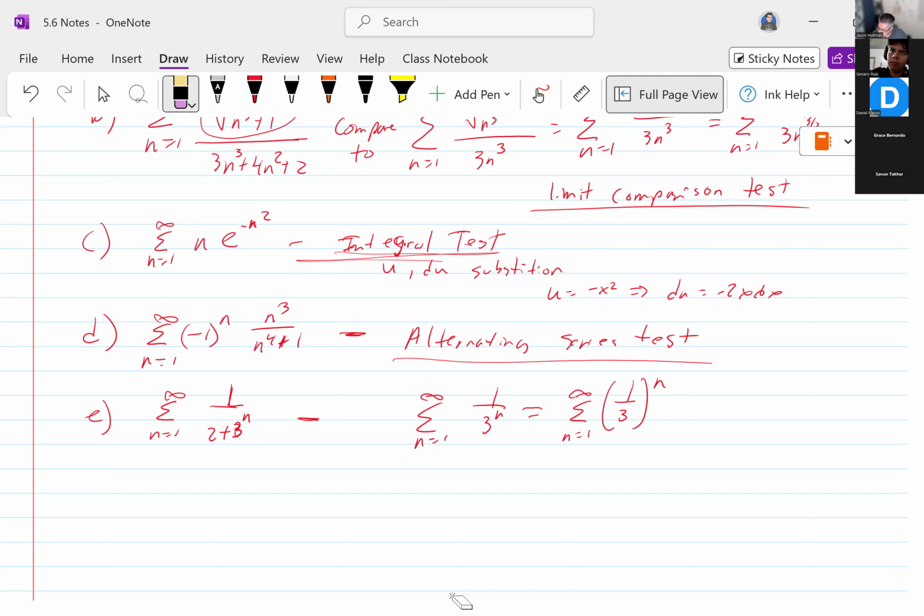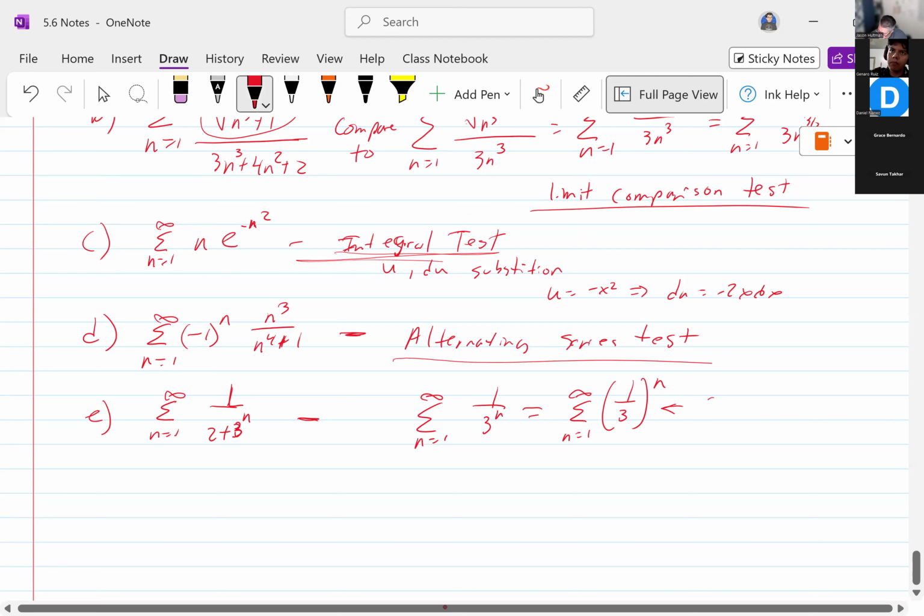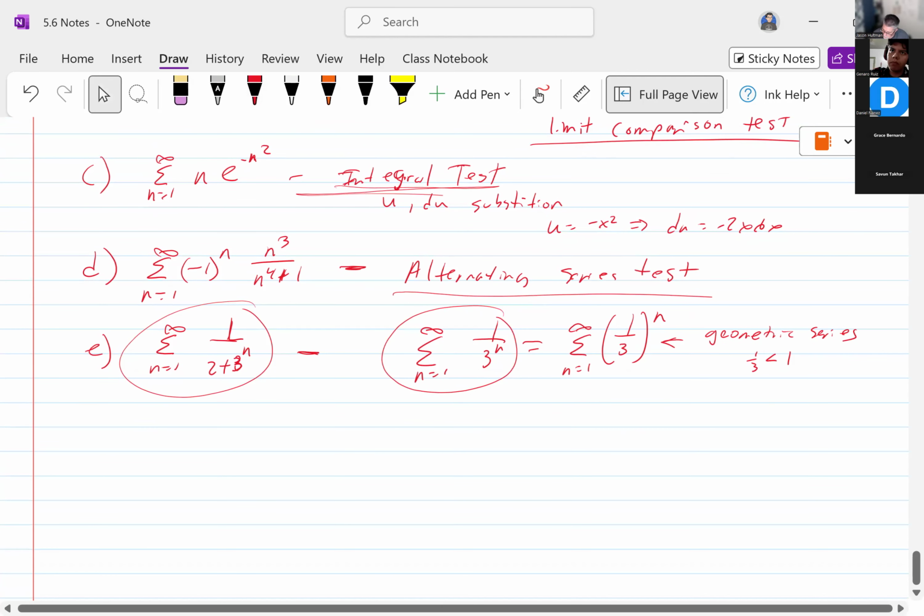Okay, or I could see that this thing is a geometric series with absolute value of r less than 1, where 1/3 is less than 1. Okay, so this converges. Therefore, we're going to compare this guy to this guy. And the inequality goes the correct way.